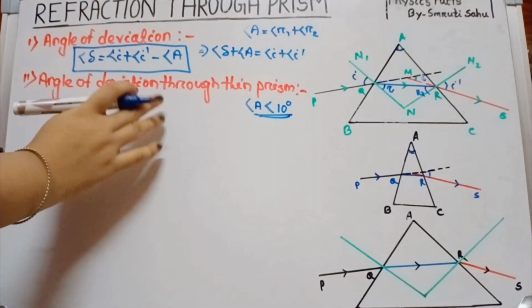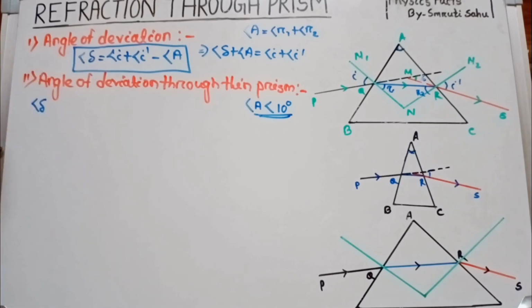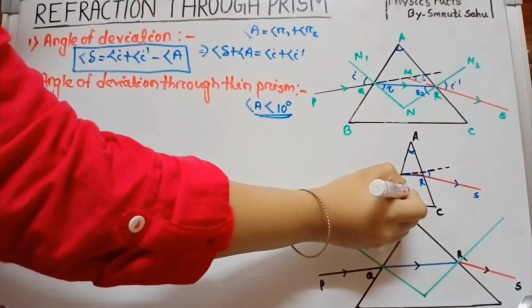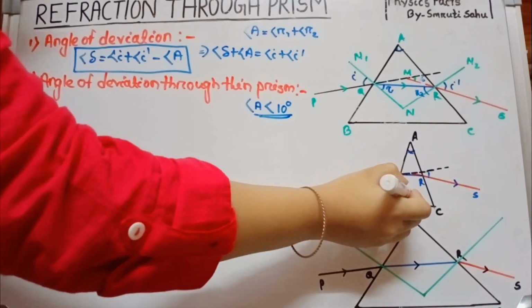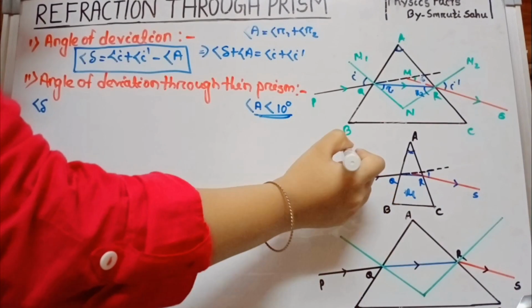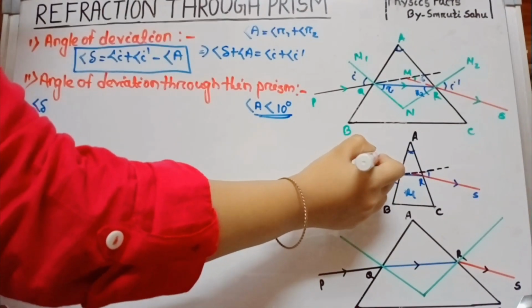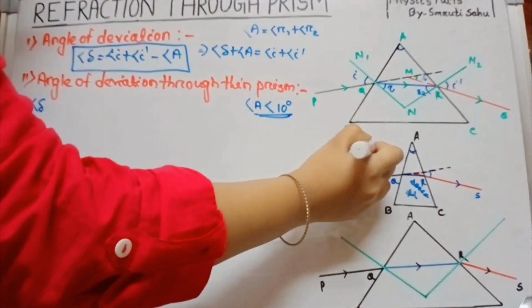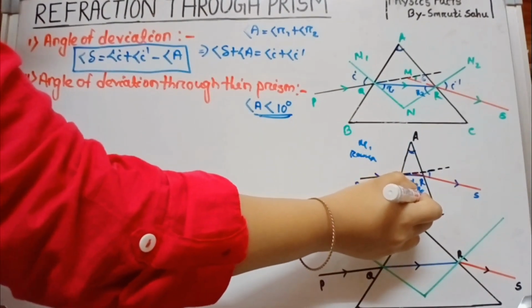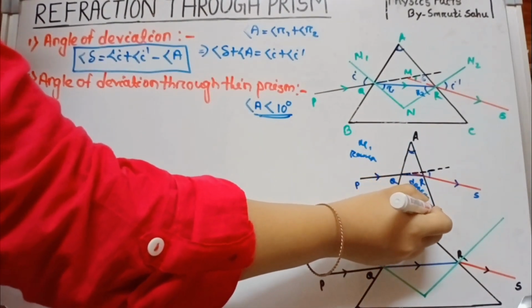In this case, what is the value of the angle of deviation? We determine it. First, we take the refractive index of the prism as mu. Rays pass from a rarer to a denser medium. So we take the rarer medium refractive index as mu1 and the denser medium refractive index as mu2, where mu2 equals mu.